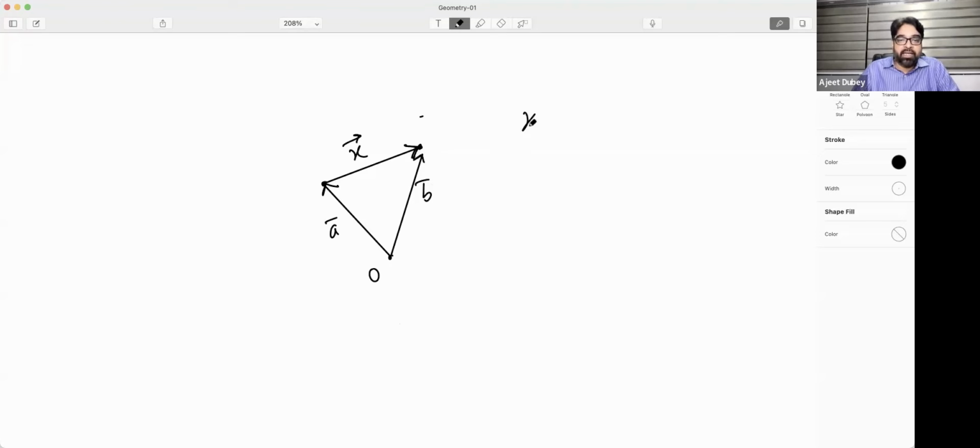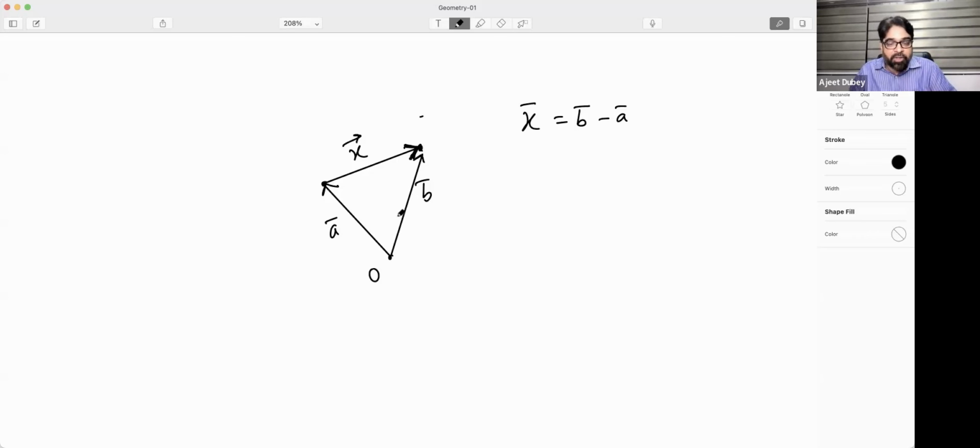Tell me, what is the relation between X and AB? B vector minus A vector. Sir, B vector minus A vector. Very simple, because the X vector's head is here, and the head position vector is B, and the tail position vector is A. How can I say the head position vector is B?